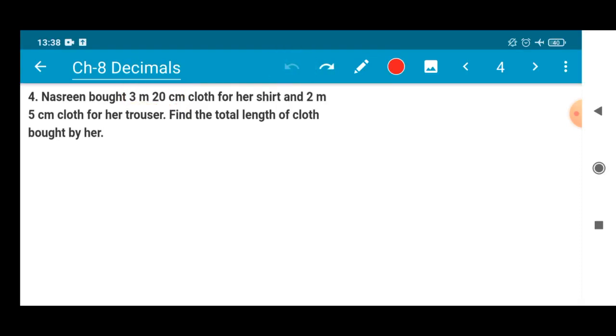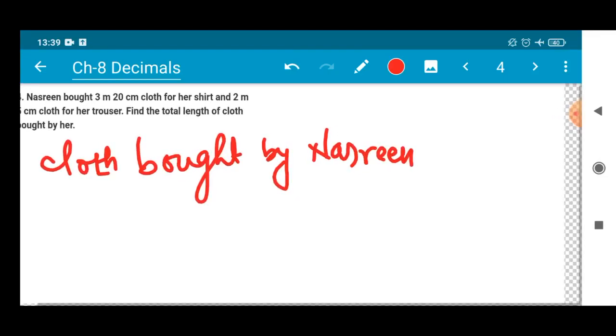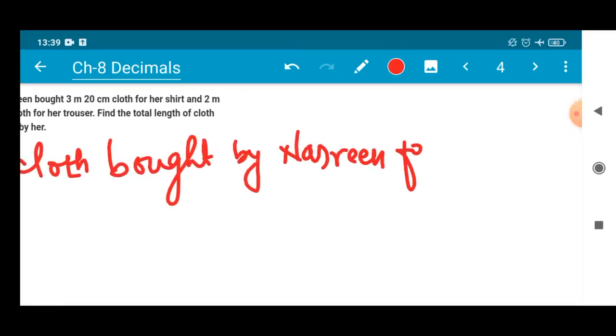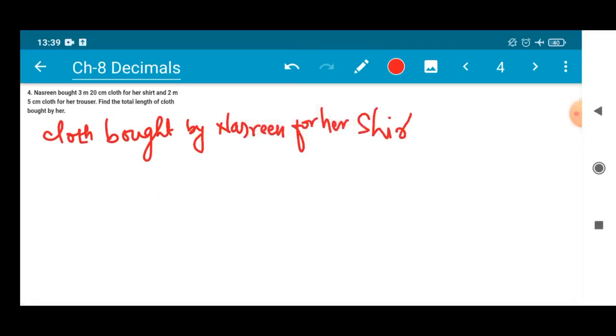So let us start with the first one, that is cloth bought by Nasreen for her shirt. For her shirt, she bought how much? 3 meter 20 centimeter cloth, right?